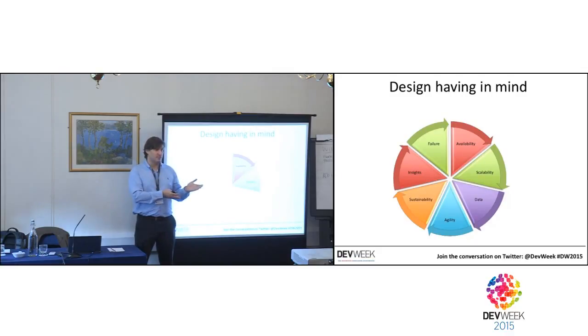Or if I'm increasing the number of worker roles and all of them are trying to write in the same database at the same time, what did I create? A concurrency problem. So I need to understand, if I scale up this worker role, what other things do I need to scale at the same time for this to continue to work? And how does it behave? Is it linear scalability, or is it going to have steps?